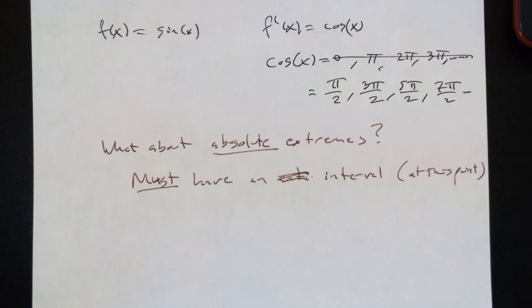So if I give you an interval, then I don't have to actually do as much work. It actually gets easier. Because now I can say, I'm only looking between here and here. It's either going to be the maximum is at a critical point, critical number, or it's at one of the edges.